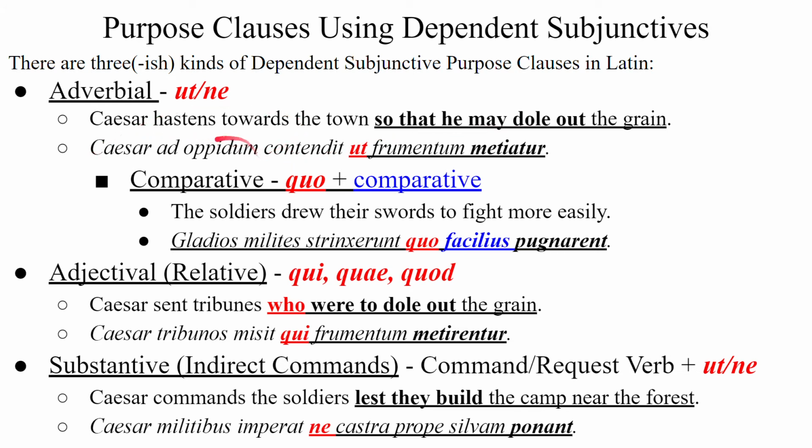Caesar hastens to the town, pause. May he mete out the grain. So these were more seen early on in Old Latin as independent subjunctives. As time went on, they were more seen as subordinate, and so they were put underneath, below the main clause, and linked to the main clause with this ut, or quo, or the relative.